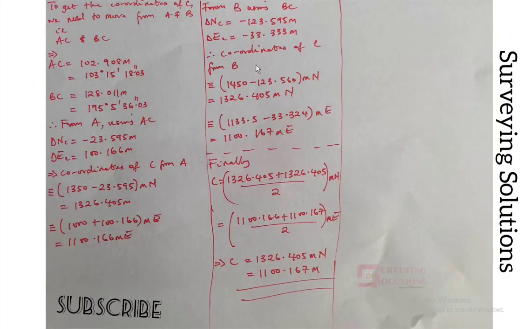Therefore, the coordinates of C from B. Now we already know the coordinate of B as given to us from the question. So the northing coordinate of B as given to us is 1450. So it will now be 1450 plus minus 123. So plus times minus is actually minus. So just simply minus 123.56. Then you should be able to arrive at 126.405.